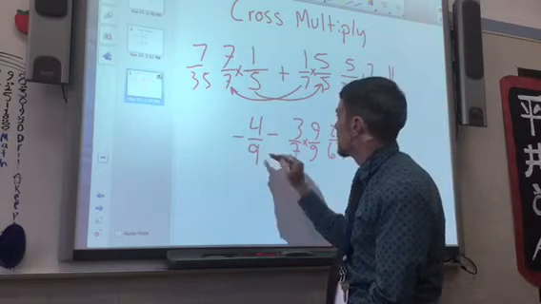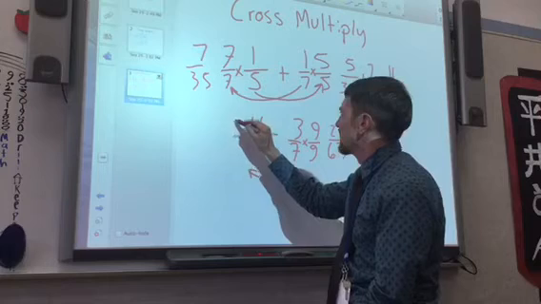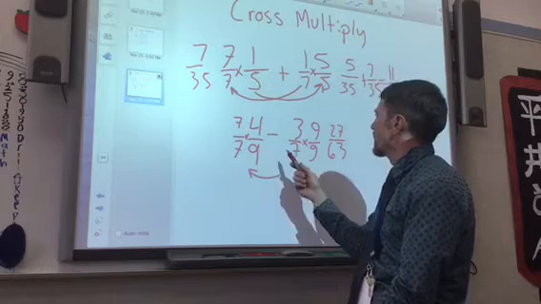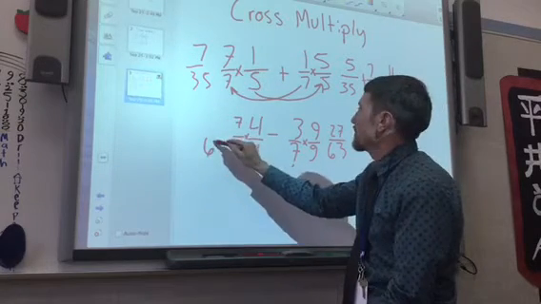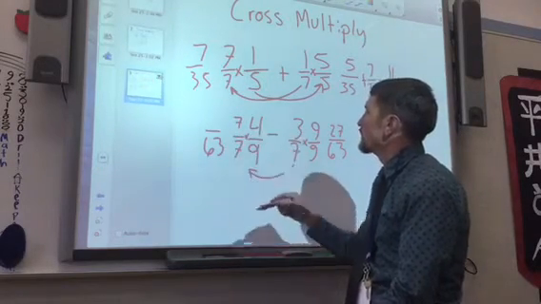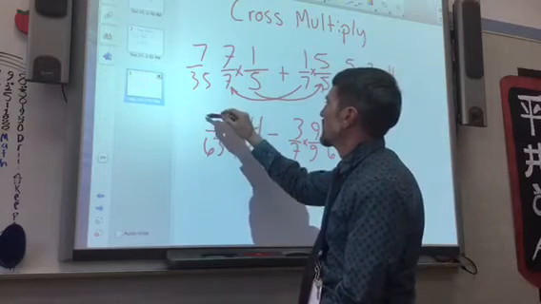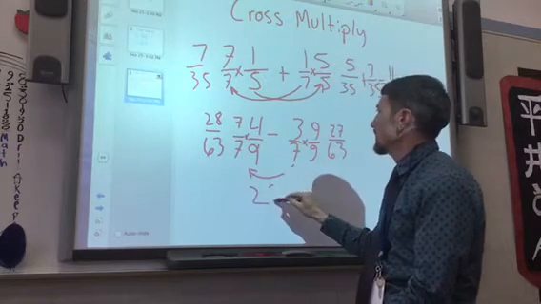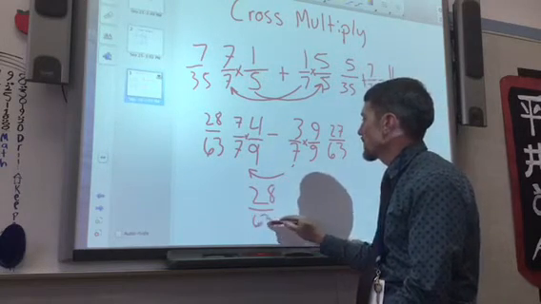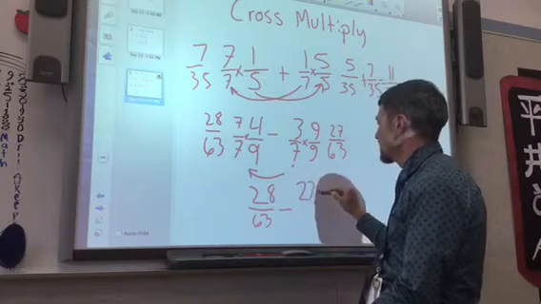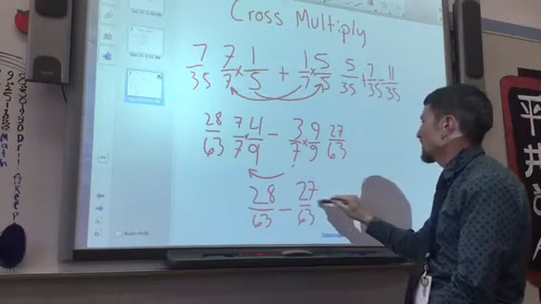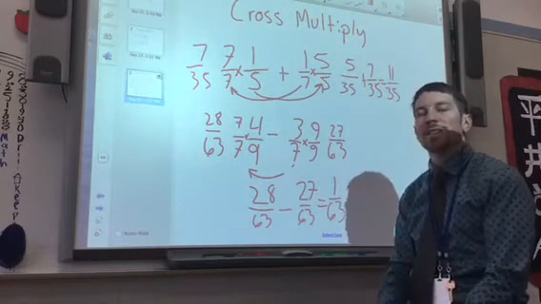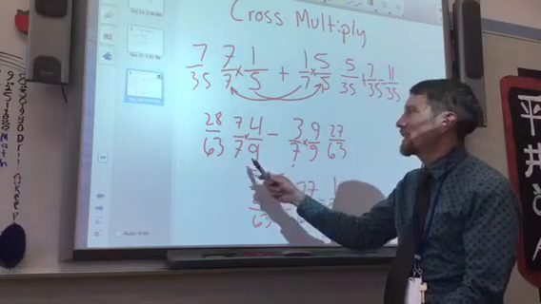And over here, I'm going to bring the 7. 7 times 9 is 63. 7 times 4 is 28. So I'll rewrite it down here. 28/63rds minus 27/63rds equals 1/63.